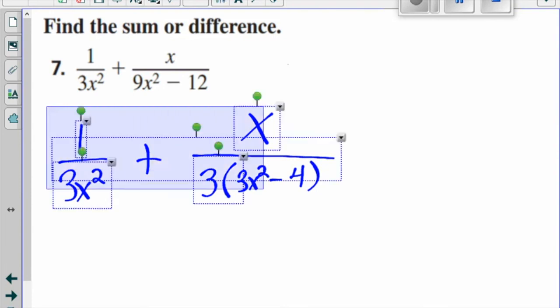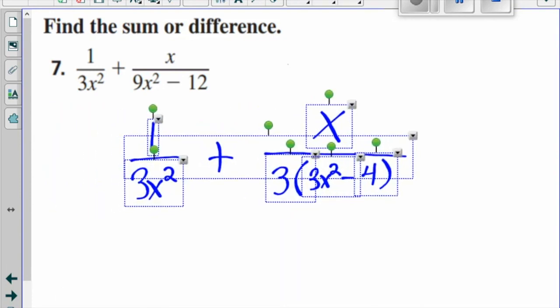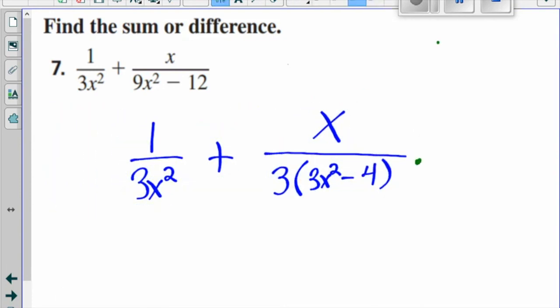Now we need to make the denominators be the same. Okay, so let's do this here. So what does the one on the left have that the one on the right doesn't? And there is one thing. So here we have 3x squared here. So we do have a 3, yes? And this one has the 3x squared minus 4. So what does this have?